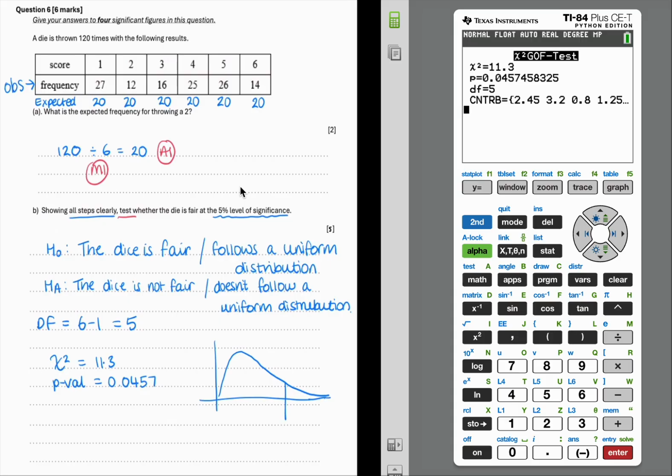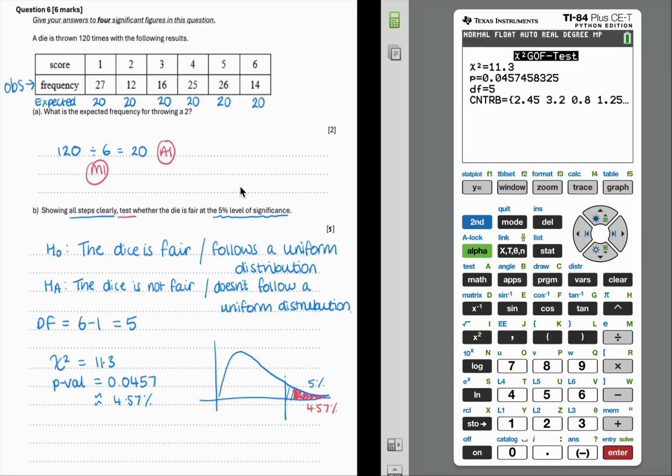I was testing it at a 5% significance level, and the p-value I have is 0.0457, which is approximately equal to 4.57%. So mine is actually less than that, this point here, which is 4.57%, so it's slightly less.